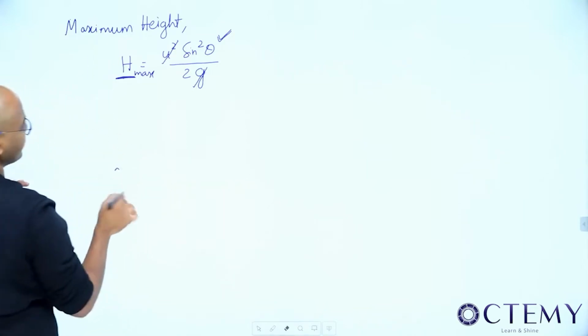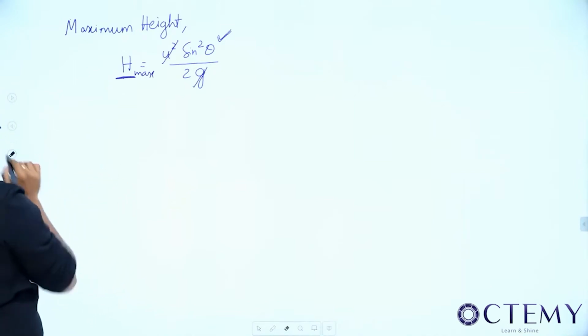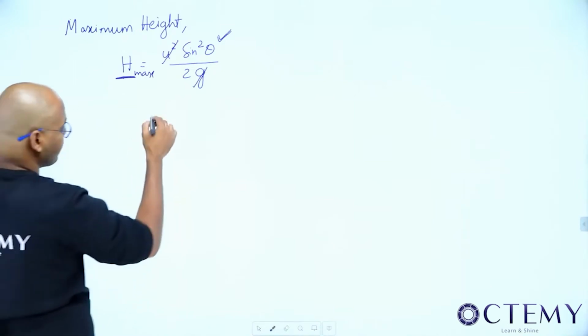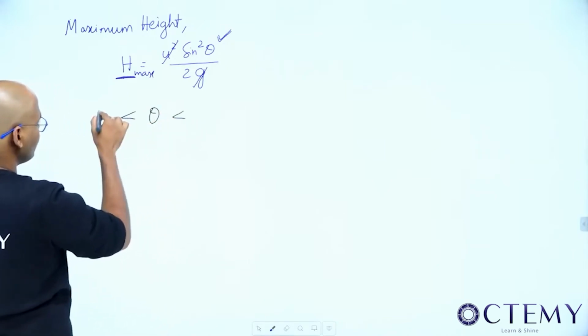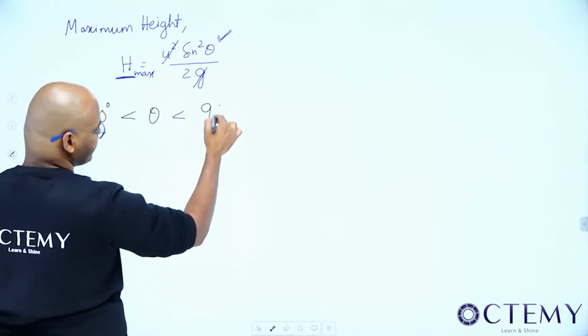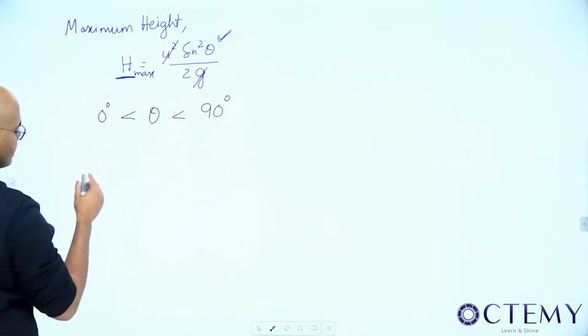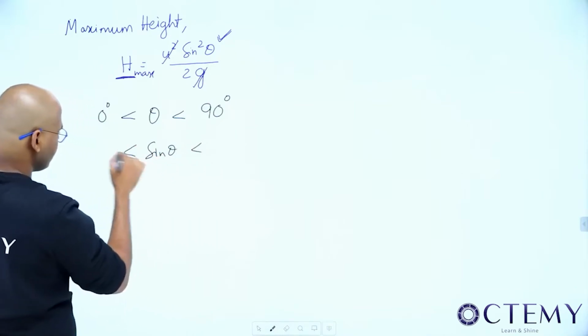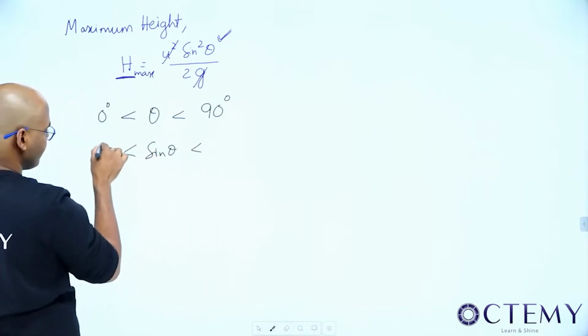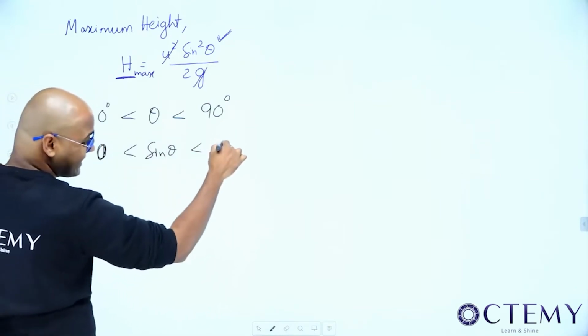My angle of projection theta lies in the range 0 degrees to 90 degrees. So from 0 to 90, what's the value of sin theta? Sin 0 is 0, sin 90 is 1.